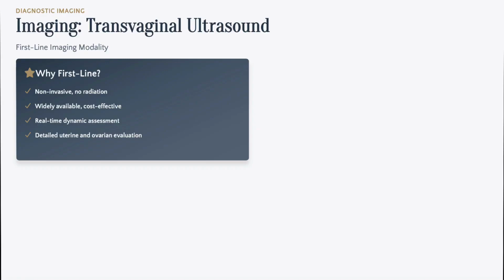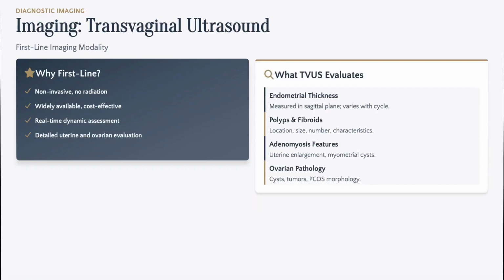So TVUS evaluates several key features like endometrial thickness, polyps and fibroid, adenomyosis features, and ovarian pathologies. So it is really very important to do that.